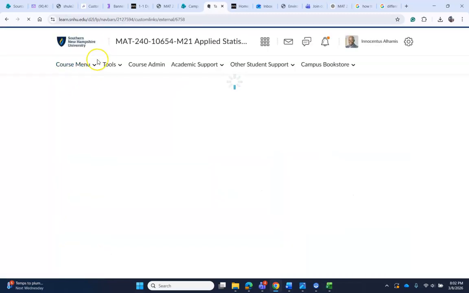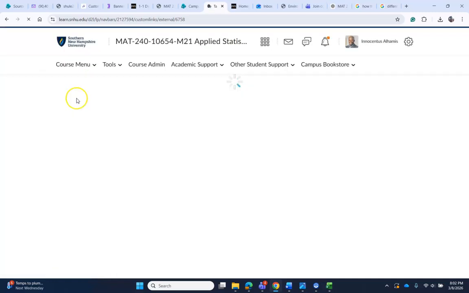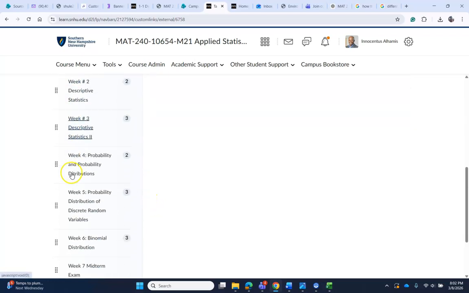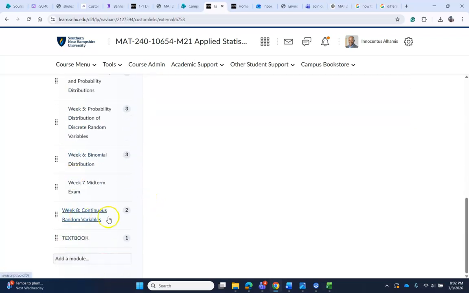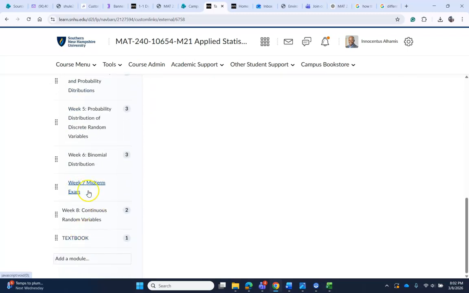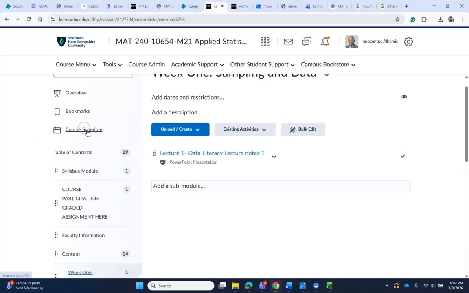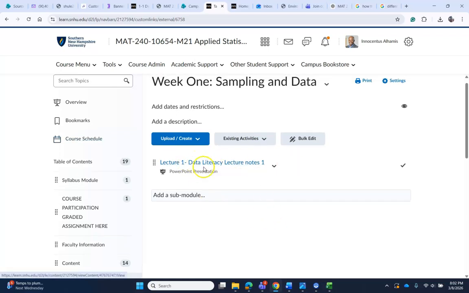If you go to the course menu and click on the table of contents, you will see that we have covered up to week 8, where we cover the continuous random variables. Week 7 was our midterm exam week. If you go to week 1, you can see that we have notes posted, and these are data literacy notes.